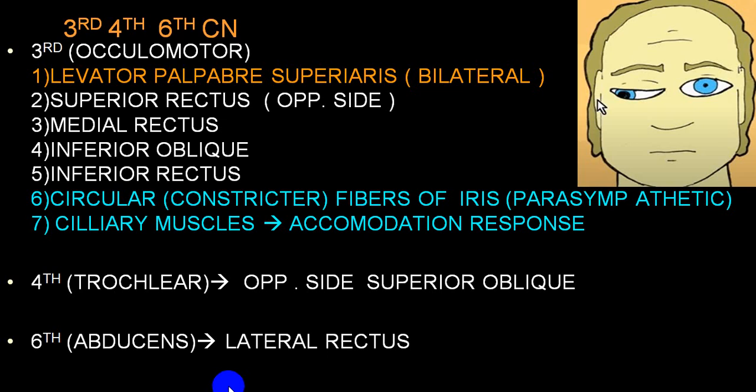That will consist of superior rectus, inferior rectus, medial rectus, and inferior oblique.